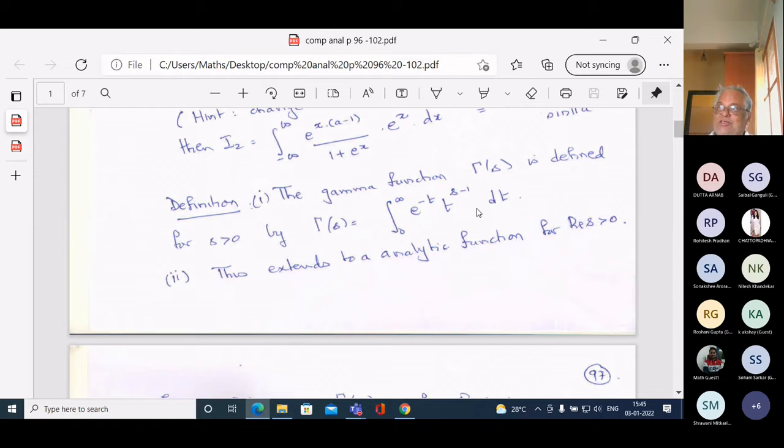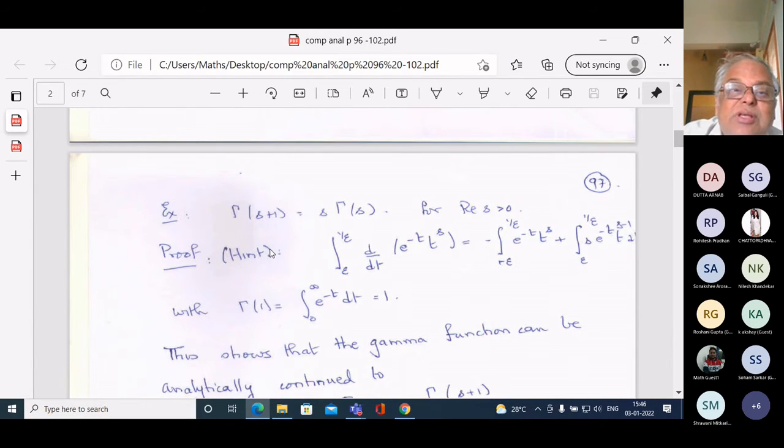But the convention is that when you're talking in number theory, the variable is s. So s is the complex variable, and the real and imaginary parts of s are called sigma and t. So s is equal to sigma plus it. This is just a convention that is always used.